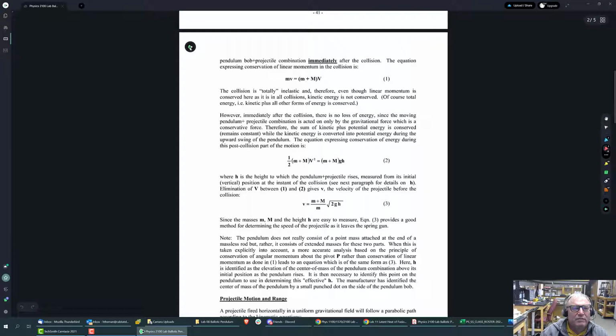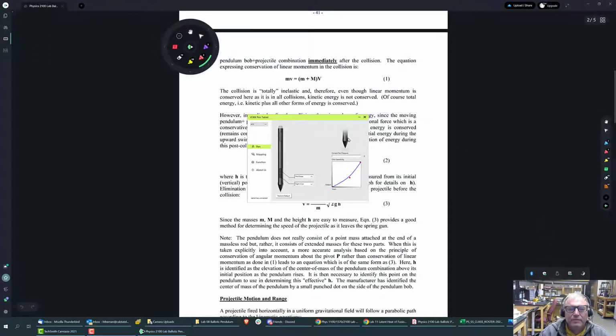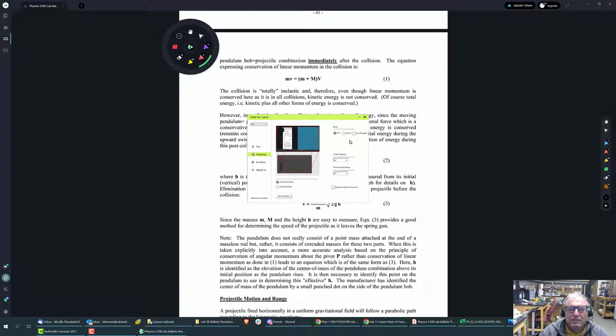Oh, there it is, right there. Okay. So, oh, and I haven't checked to see if I have the tablet ready to go. Let's see. Mapping. Yeah, so I don't want to do, I want to do just the one screen. I think that would be monitor 2. Yep.